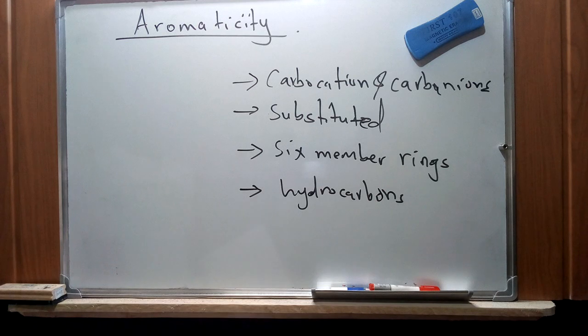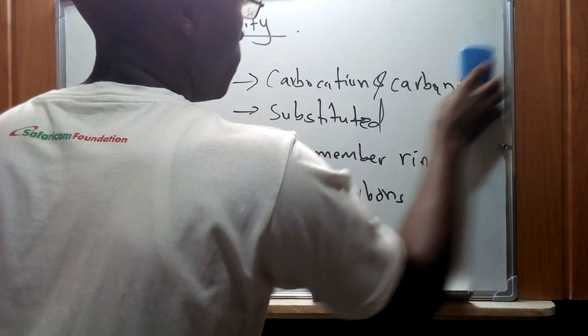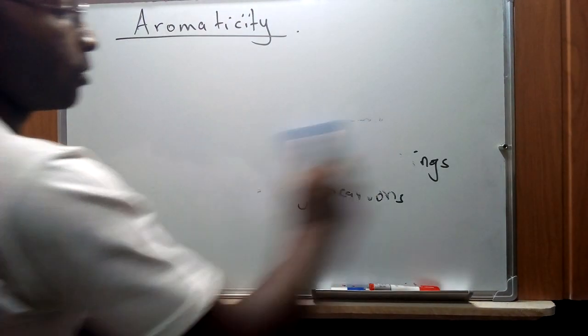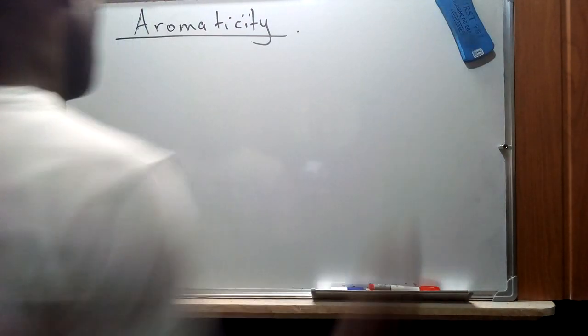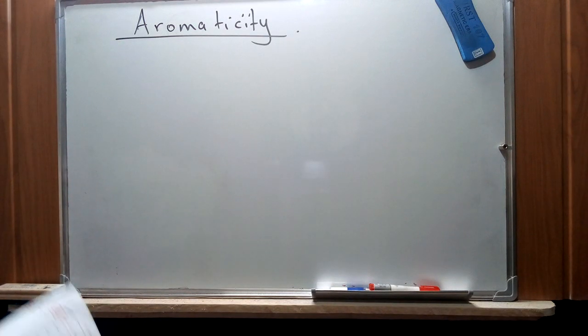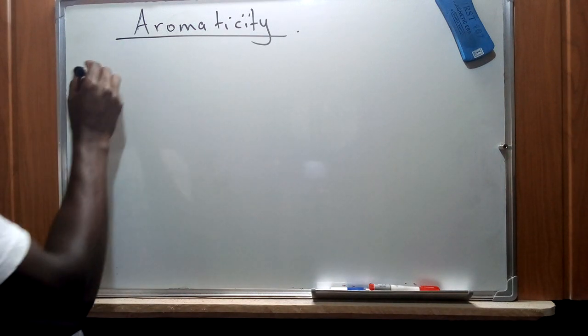So we are going to look at some examples, but first of all we have to determine some of the rules which have to be met in order for a compound or molecule to be regarded as aromatic. The first one is that the molecule has to be conjugated.